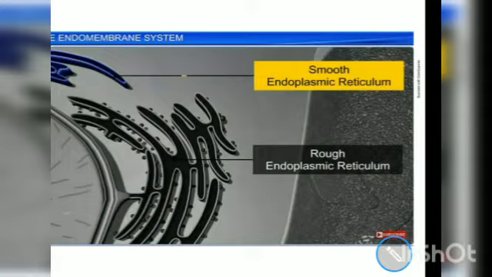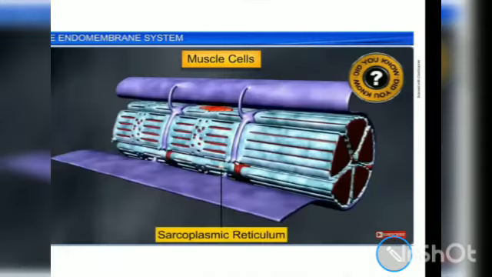You know very well the function of ribosome: it helps in protein synthesis. Now look here at the smooth endoplasmic reticulum. One piece of information for you: the smooth endoplasmic reticulum of muscle cells is called sarcoplasmic reticulum. Okay, you can take a screenshot. This is one piece of information for you all.